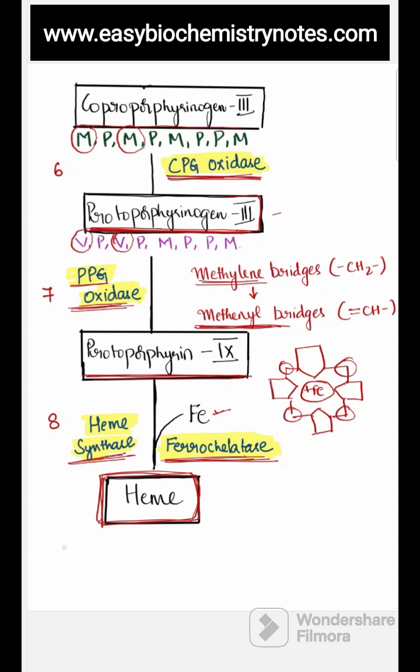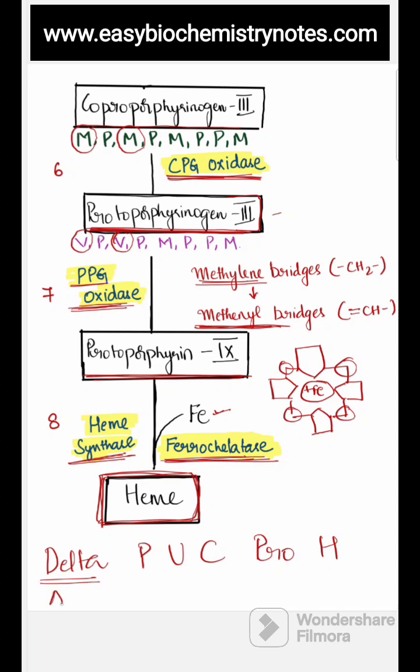Now this whole reaction of heme synthesis can be remembered with the help of the mnemonic delta P U C pro H, because of the products that are getting formed.